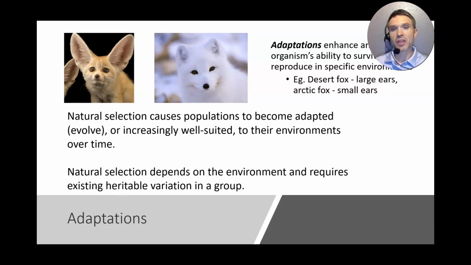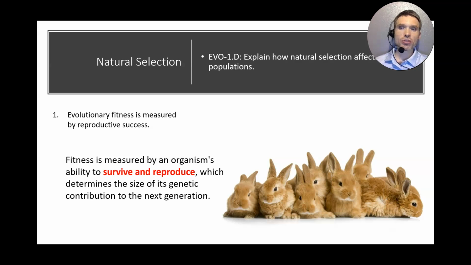So, once again, the environment selects the winners or losers. As I mentioned earlier, evolutionary fitness is measured by reproductive success. In other words, the ability of an organism to survive and reproduce will dictate or determine the amount of genetic contribution it makes to the next generation.